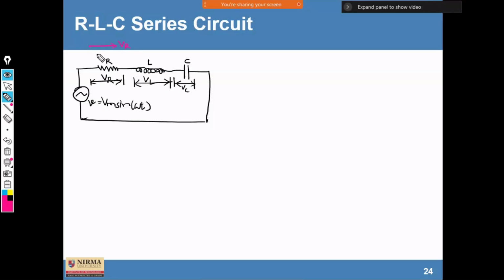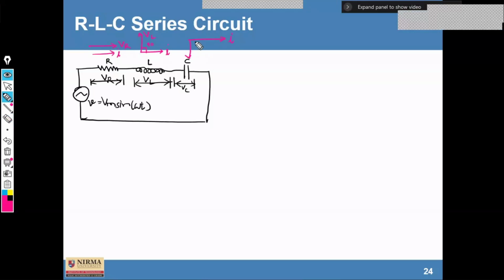So VR and I. Now in case of an inductive circuit, we know that the current lags behind VL by 90 degrees, and in the third case we can represent the current vector as the leading quantity in case of a capacitive circuit, and here it is VC.